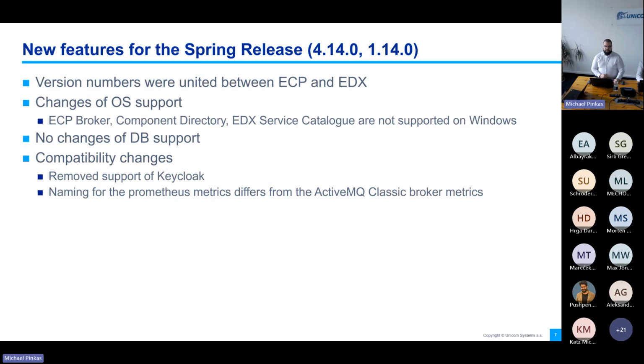So the only external authentication option remaining is LDAP. No worries though, there is also the possibility of Keycloak and LDAP integration, but that's a different topic. Also, as the internal broker is now a separate component and uses a different ActiveMQ, the naming of some Prometheus metrics has changed.